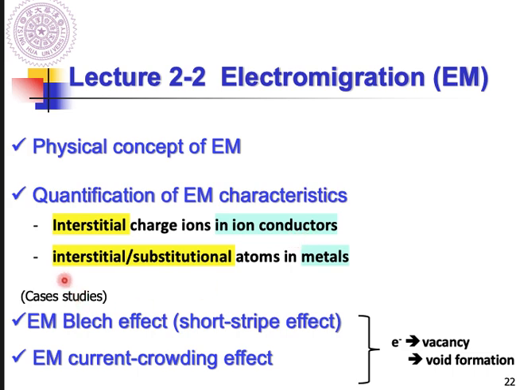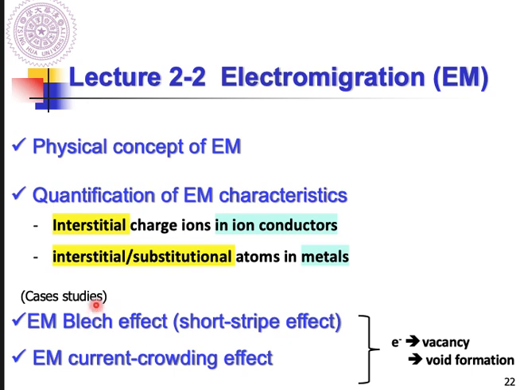And the second material system we are going to talk about will be focused on metal. So we can have some interstitial atoms in the metal, and we will also discuss, if these atoms are at the substitutional site, how to quantitatively describe the EM, electromigration effect.